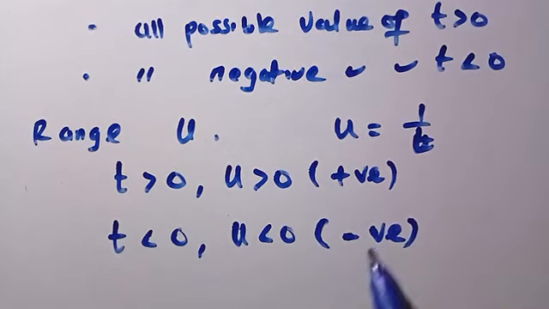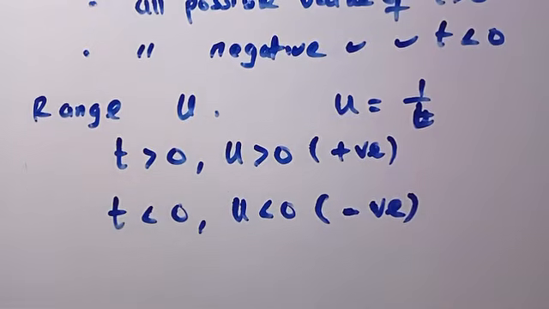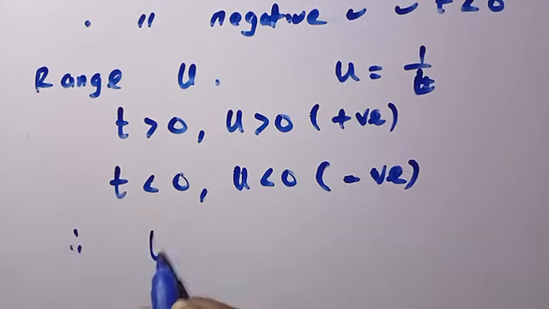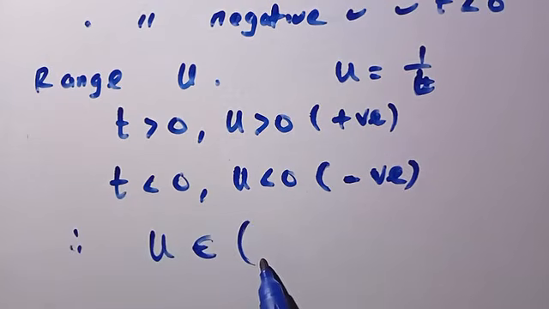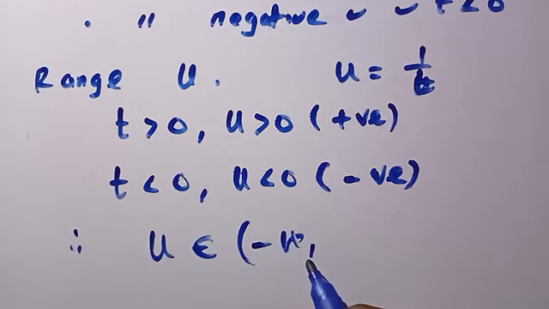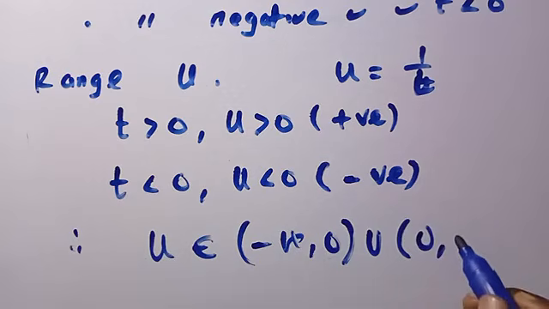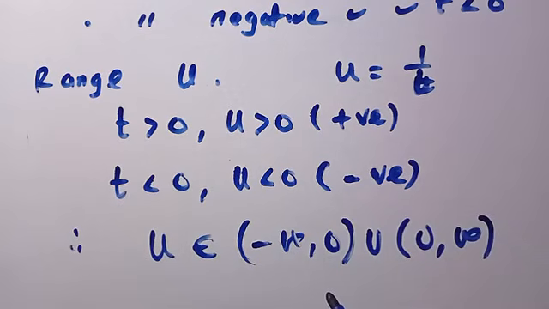So since we are able to define the range very well, we conclude that u is a member of minus infinity to 0, union 0 to positive infinity.